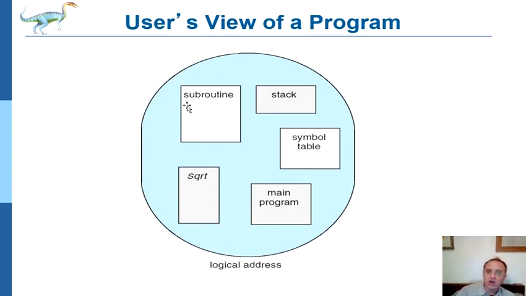All of the functions that it calls will be over here. Library functions like square root, which are linked into the program, will be in a different location. So the whole program has all this memory, but it's really composed of sections or segments of memory, which each have their own starting and ending point.